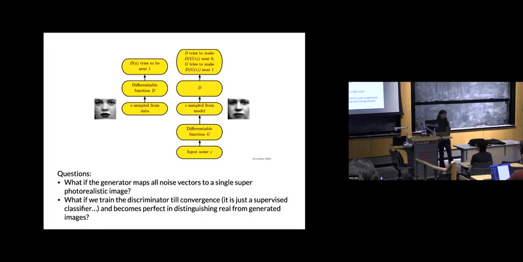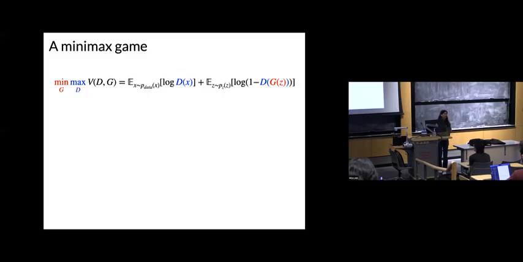So let's see why this is a good cost function. What would be the equilibrium, let's say, of that min-max game that the discriminator and generator are playing? Going through some math here is helpful for you to understand what happens.